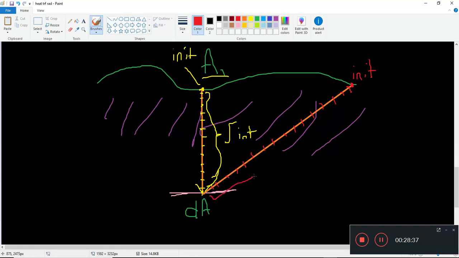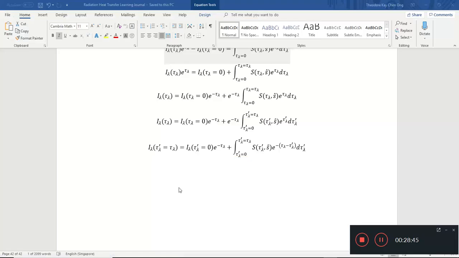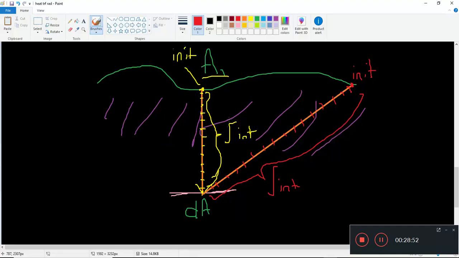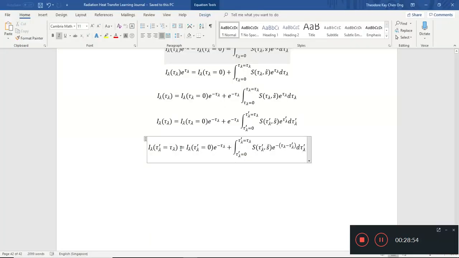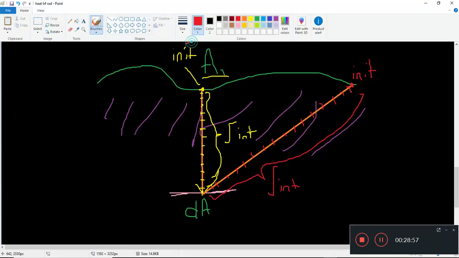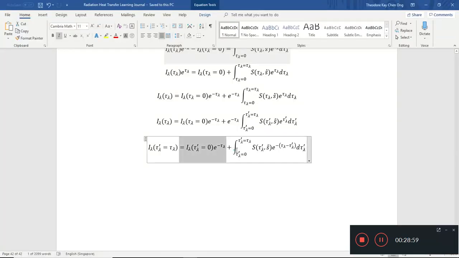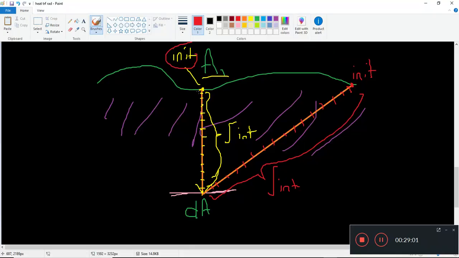This is the integral you have to evaluate. So what this equation is telling you is that for a specific angle, for a specific little bit of solid angle, you consider the intensity at the beginning, which is the initial one, plus the integral of the source term. That accounts for the contribution of the source terms.